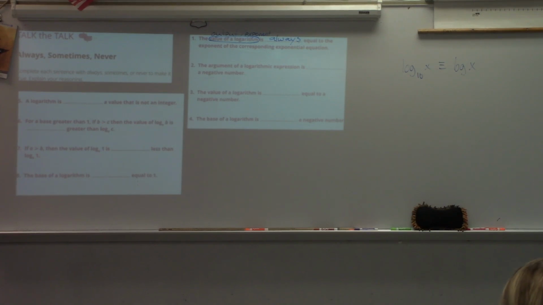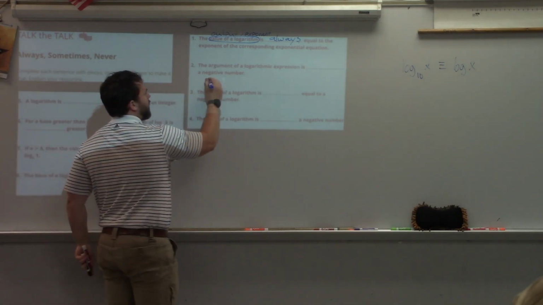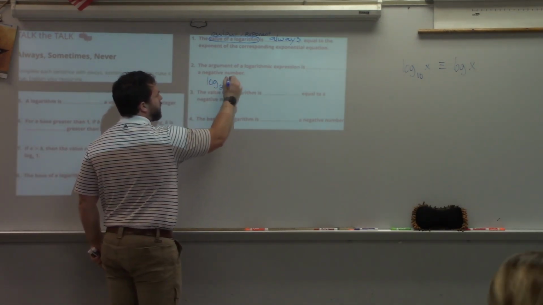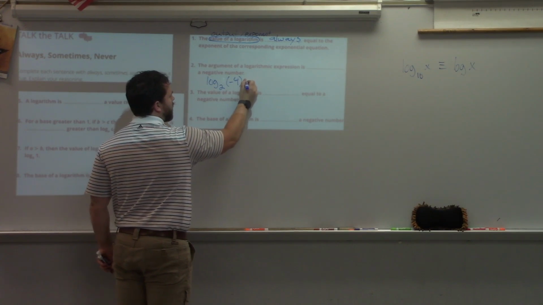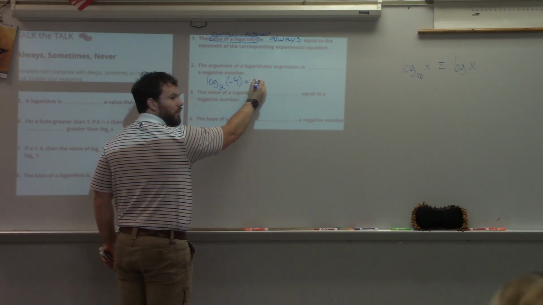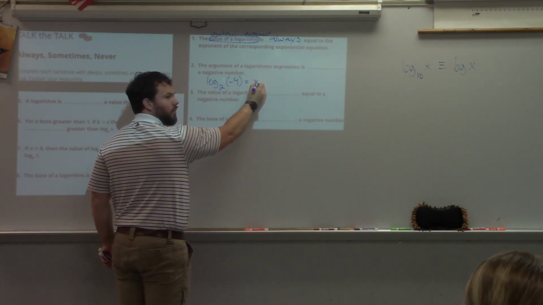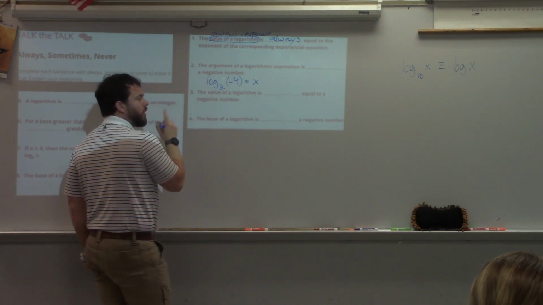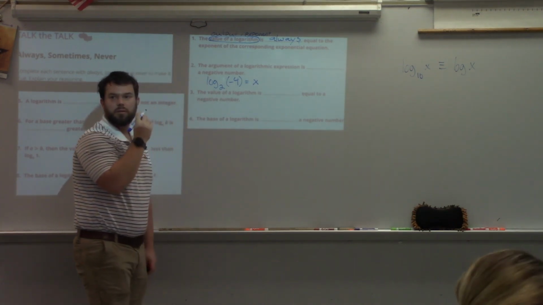The argument of a logarithmic expression is always, sometimes, or never a negative number. Sometimes, like I could do log base 2 of negative 4. Let's think about this. It's supposed to be an exponent.